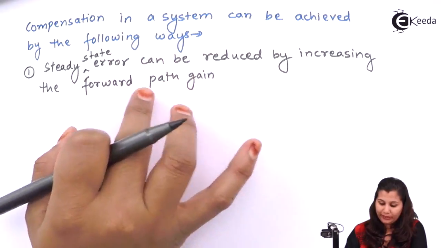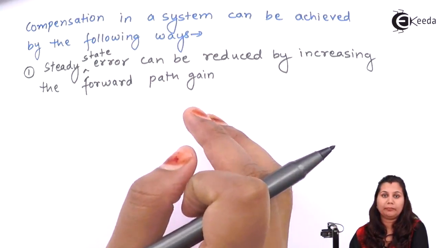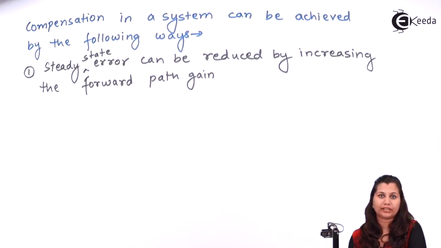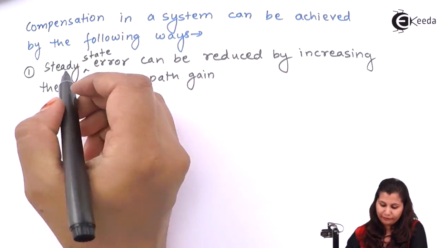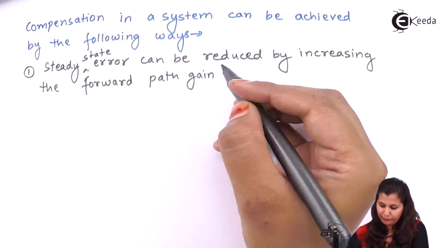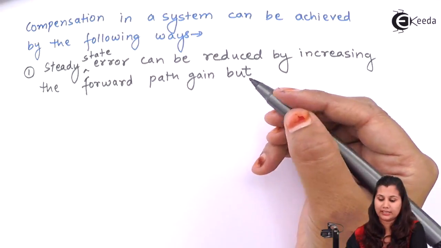But if we increase the forward path gain, it will make the system unstable and oscillatory. This is the disadvantage of this point.